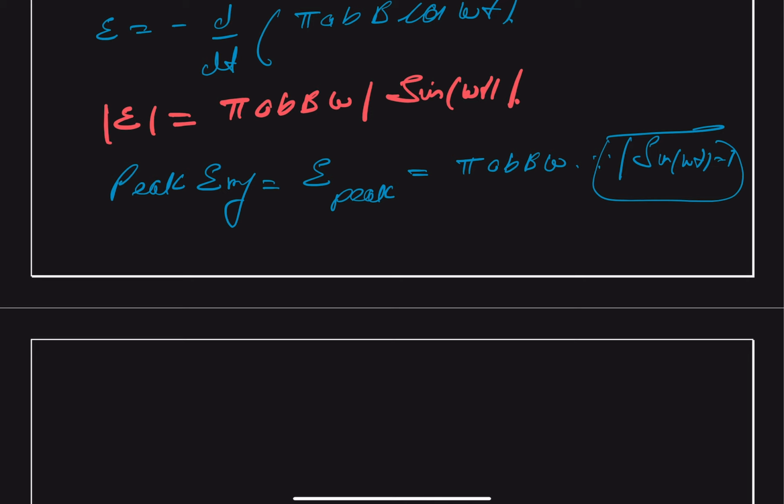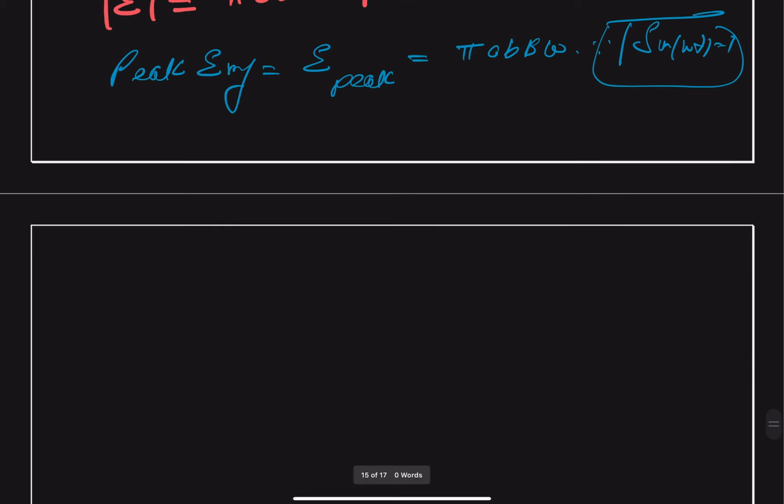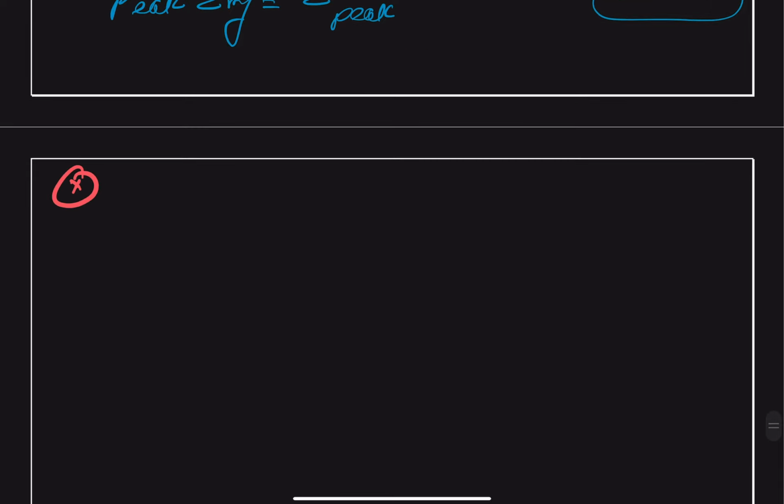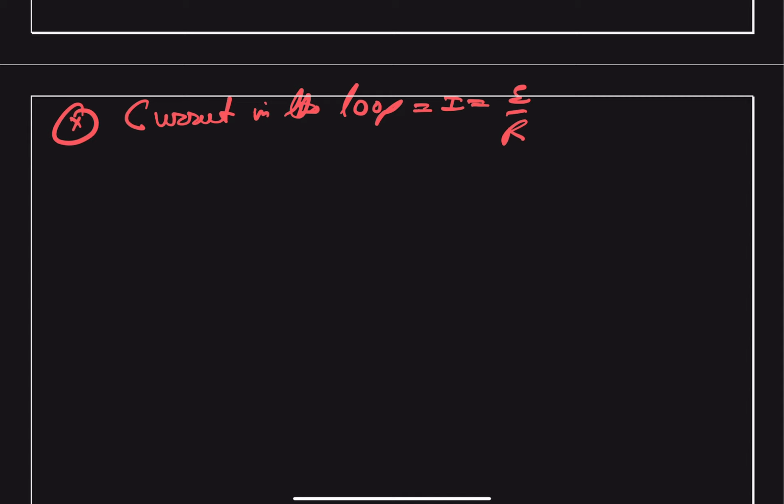Now finally, we are going to find out the current in the loop, and then we are going to find out the average power. So we have the current in the loop, which is our I, and that will be equal to EMF divided by resistance R. We already found out our EMF, so we can find out our current.